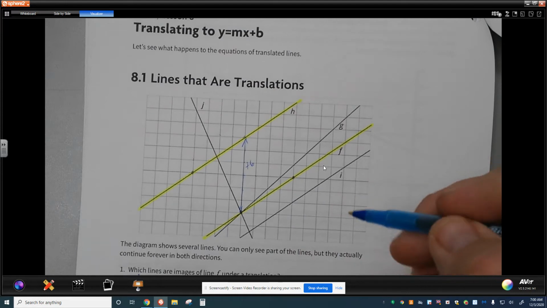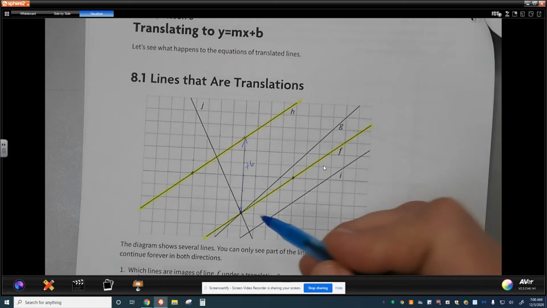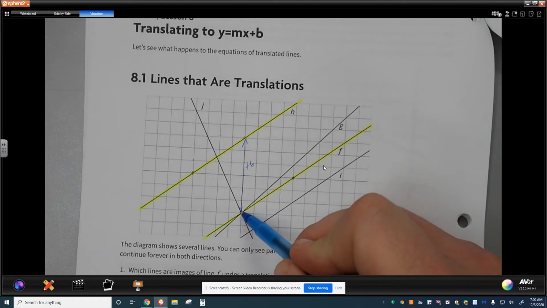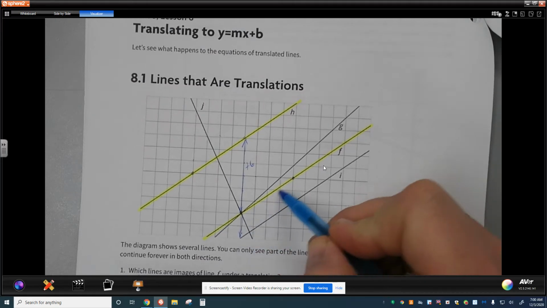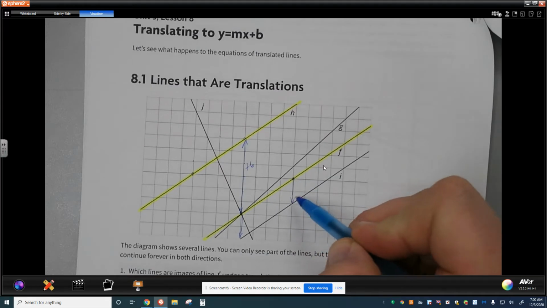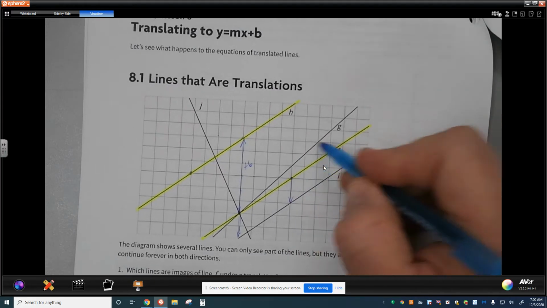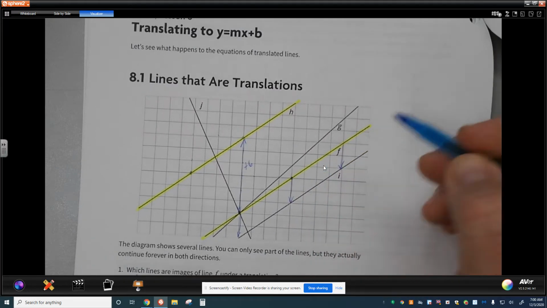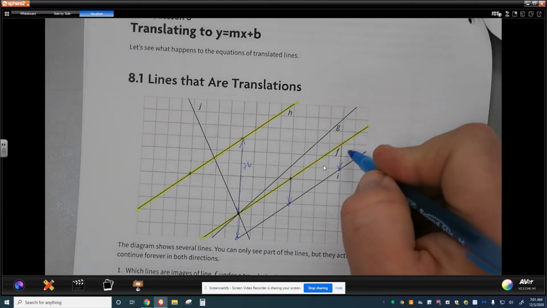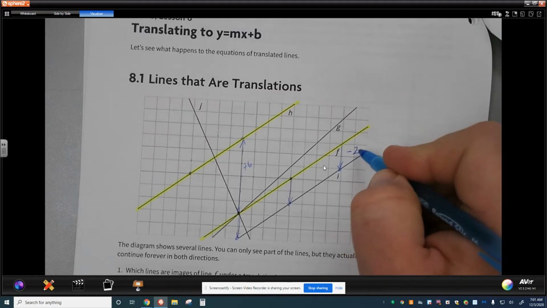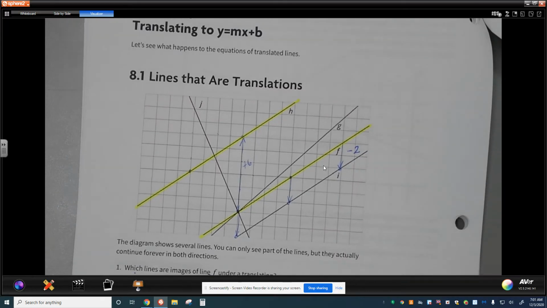Letter I is kind of cool because I can actually look at it from several different places. I can take a look from the same intersection right here and see that letter I is down 2 units. Then I come up here at this other point and I see it's down 2 units away again. I come up 3/4 again, and I see that it's down. I have 3 separate points that show that we have a translation of 2 units down, which tells me that this line has the exact same slope as well.